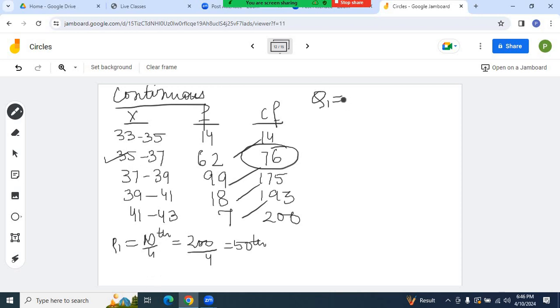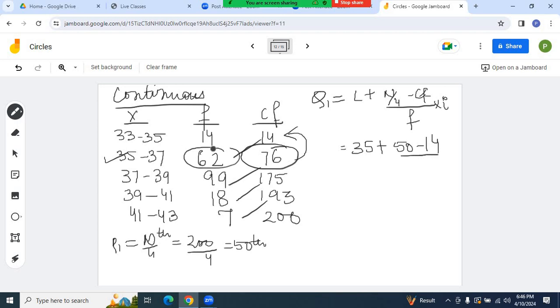So Q1 will be the formula L plus n by 4 minus cumulative frequency, I hope you remember, we have already done, minus CF upon frequency into i. Lower limit is 35 plus n by 4, 50, minus CF, we take that of the preceding class, CF will be 14, upon frequency, corresponding frequency 62, into class interval difference 2.